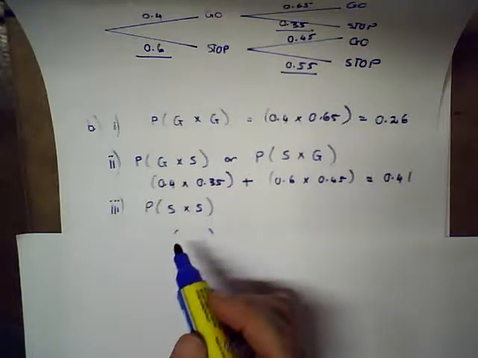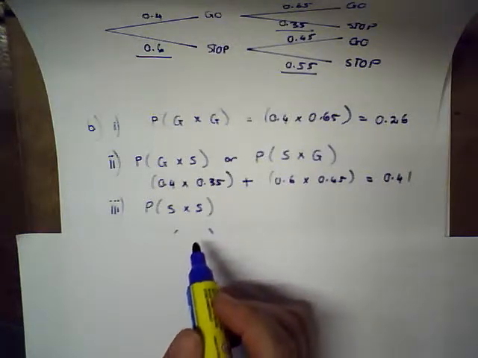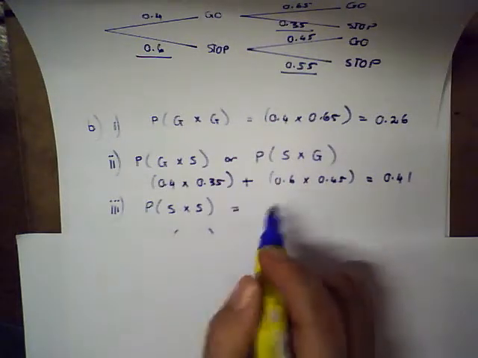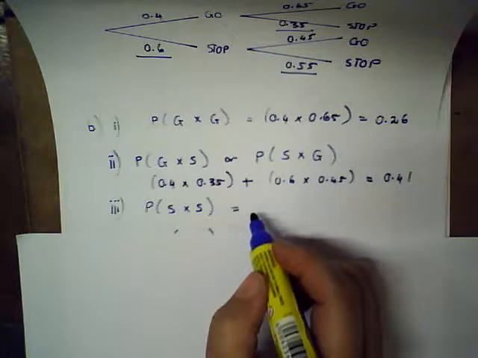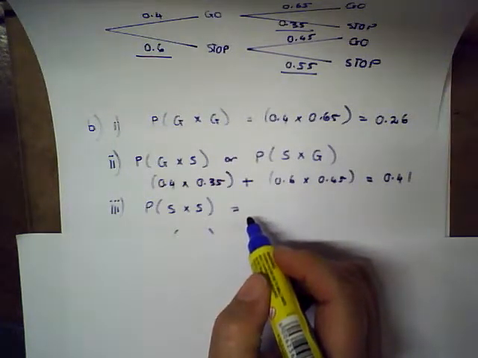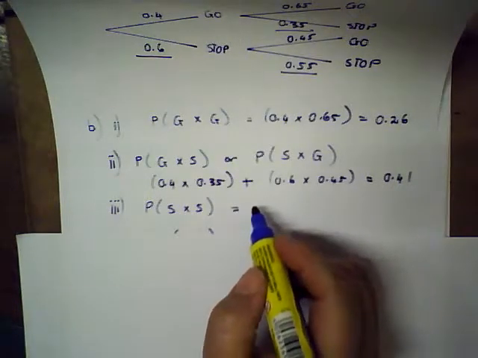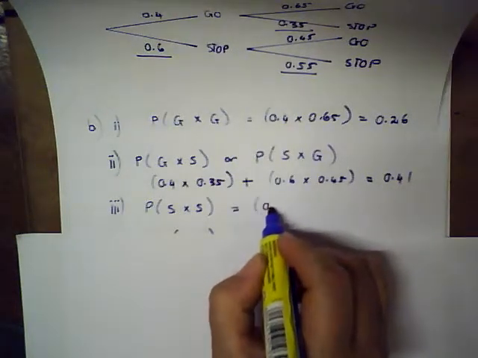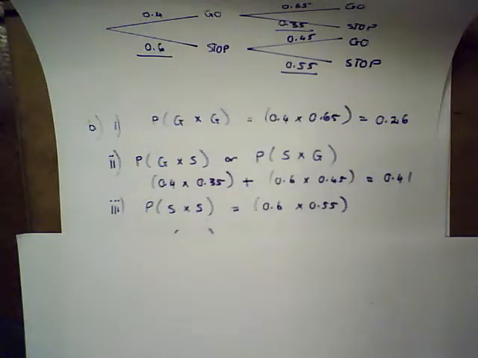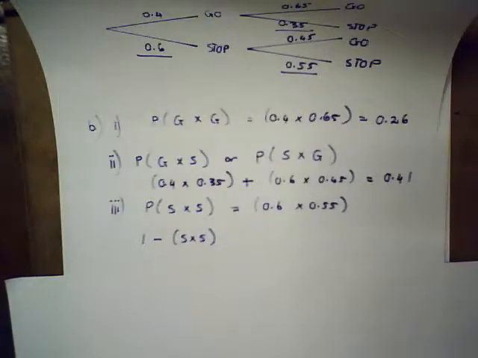The next one says, does not find two stop signals. So we are first going to find the probability of stop and stop, and then I'm going to subtract it from 1, because that would give me the probability of not having two stop signals. So stop is 0.6 times 0.55. Now we will subtract it from 1.